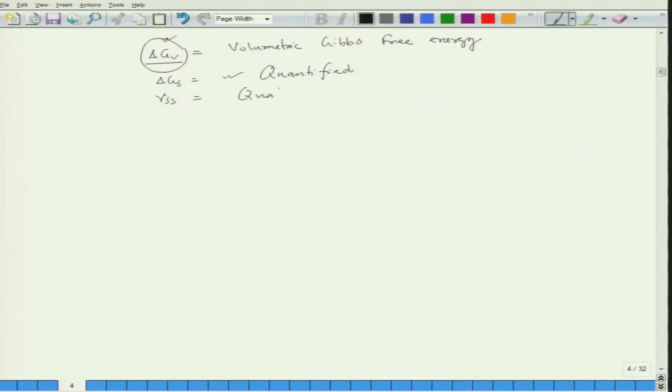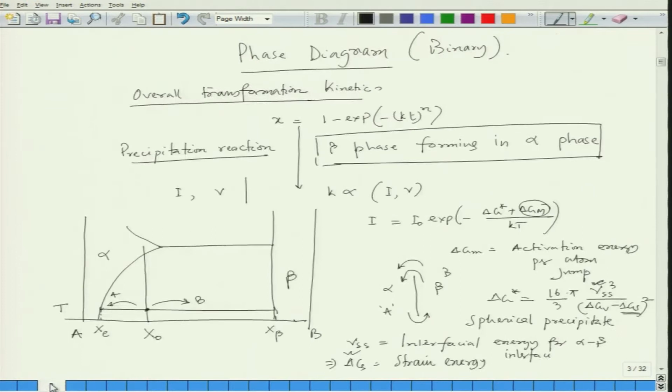Again, it is quantification. So, this term is to be found out, this is to be quantified, this also needs to be quantified. If we quantify all those, then we can simply get what is the I.